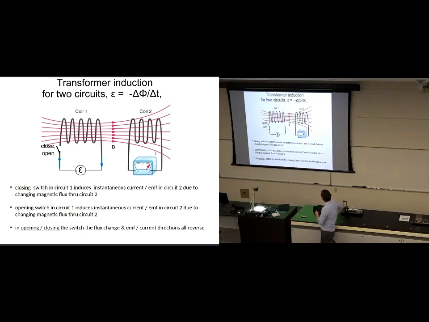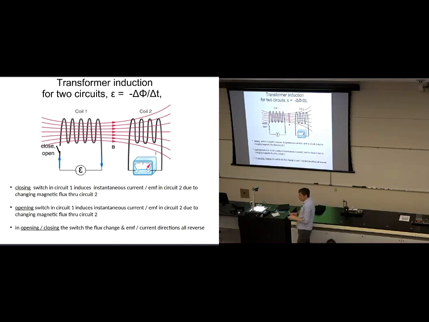Here's an example. I've got a circuit on the left-hand side that I can switch on and switch off with this switch here. I've got a circuit on the right-hand side, and I've got a voltmeter or an ammeter, some sort of meter to measure activity in this circuit.